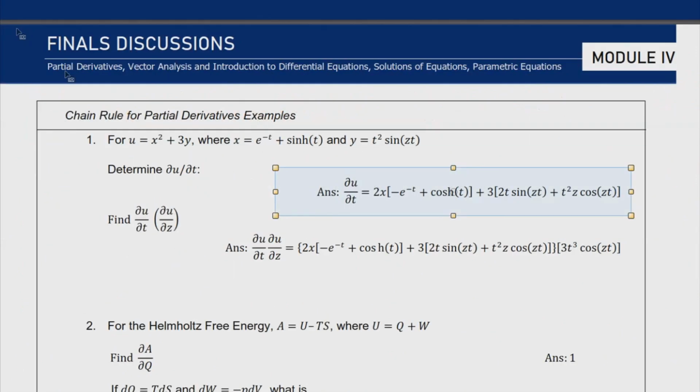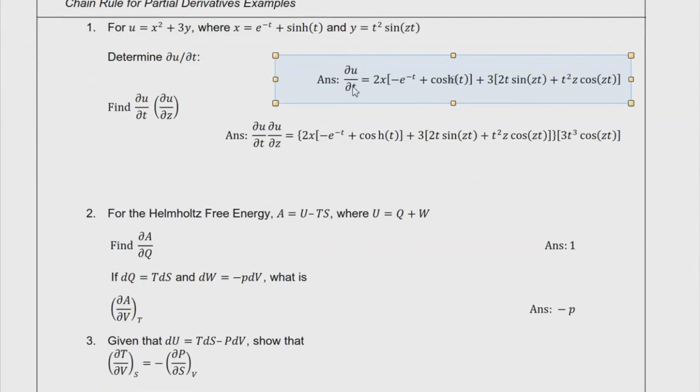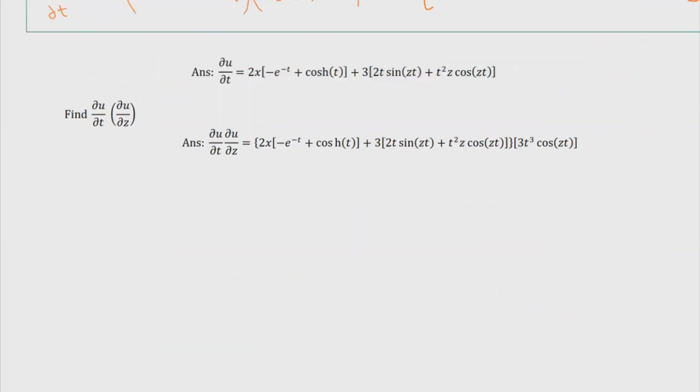Okay, so let's move on with the next. Now let's have this item. If we read this expression, it means that we need to multiply the partial derivative of u with respect to t to the partial derivative of u with respect to z.